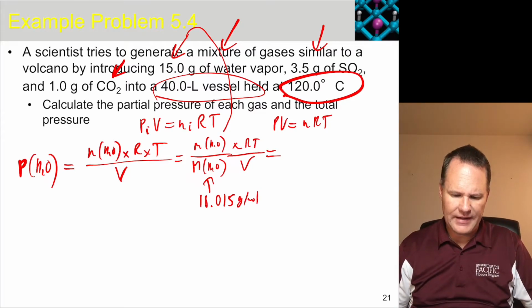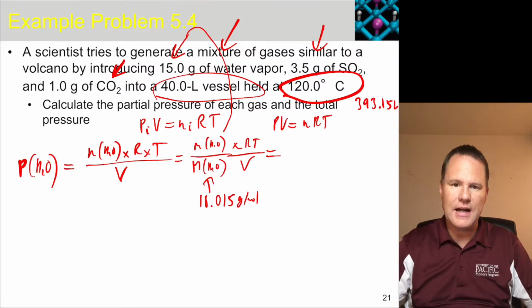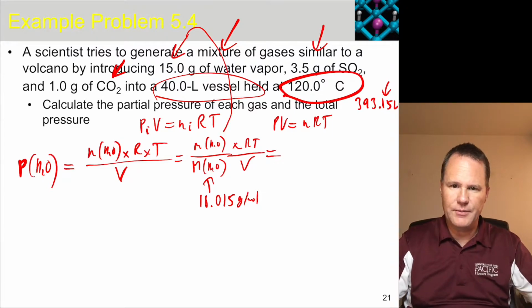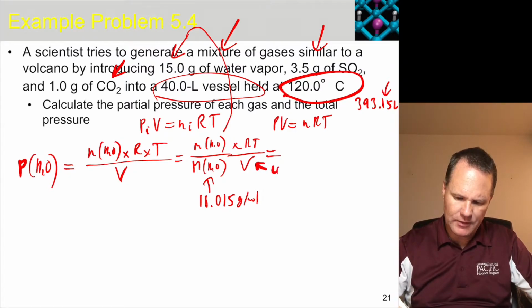And so if I put in the temperature, which is 393.15 kelvins, right? I added 273.15, but again, the last significant figure is here, so we have 4 sig figs in that one. And then the volume is just this 40 liters here, right?